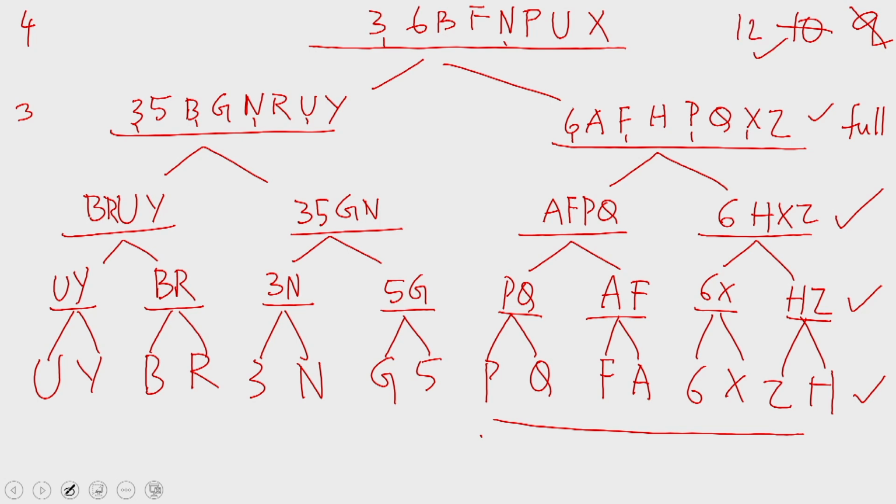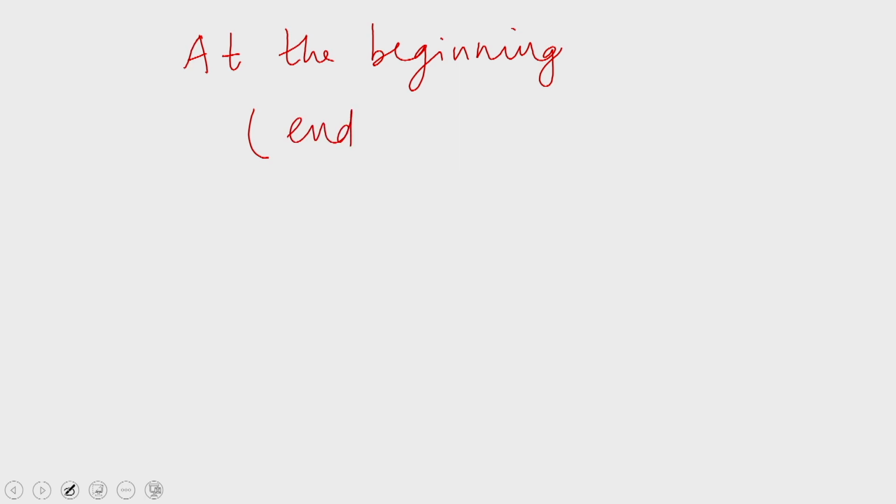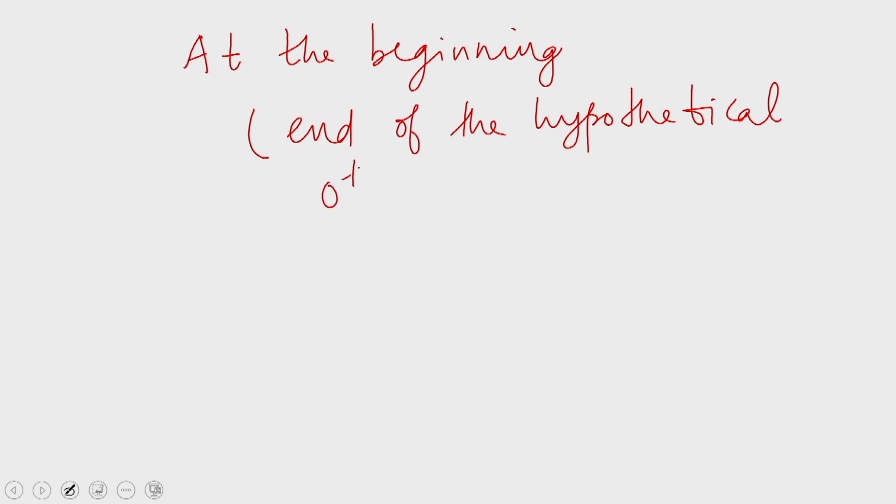So that is how the algorithm proceeds. I am leaving the rest of the tree for you to sketch up. So you can see that at the beginning of the algorithm, for the sake of the induction, I will assume that we are at the end of the hypothetical 0th stage.